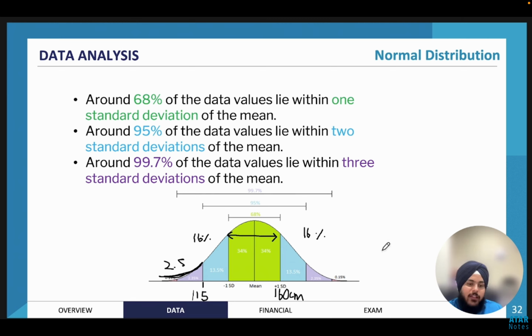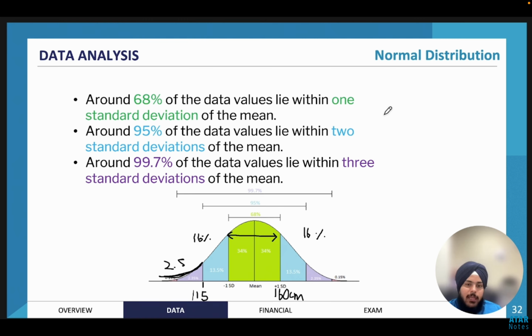So now there's two ways. You can either use the z-scores to do this question a little bit more easily, or alternatively, we can just work out what we need to add consistently to get to 160. So we have 1, 2, 3 intervals.